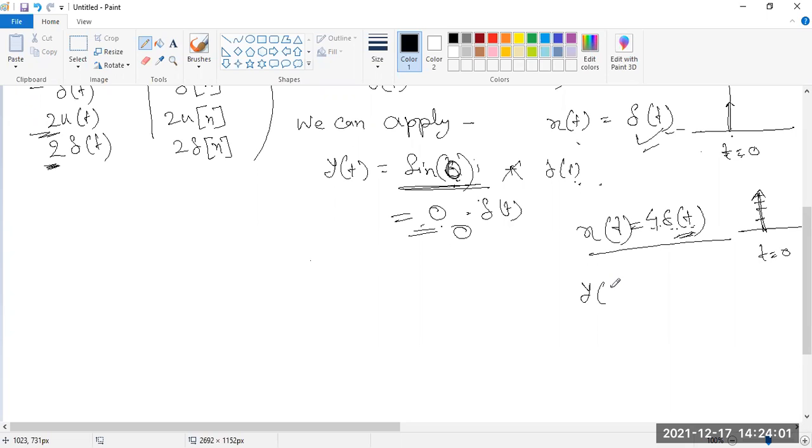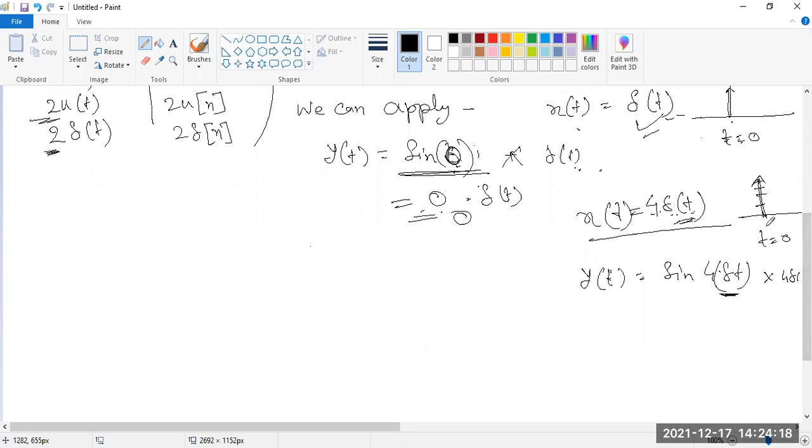Here we get y(t) equal to sin(t) times 4 delta(t). Delta(t) means the impulse function, and again t is applicable only at sin(0). So sin(0) is also 0, so it gives 0 into 4 delta(t), which is 0.